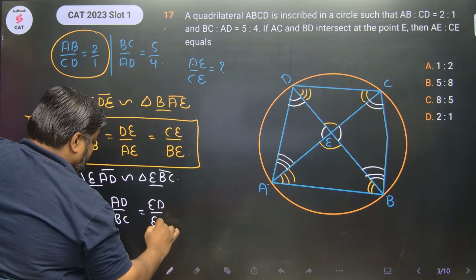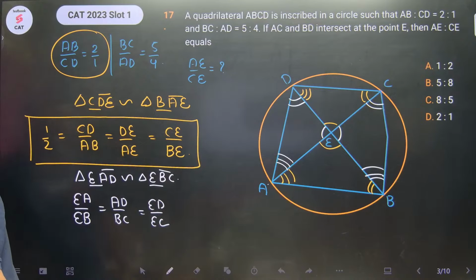And I know that BC upon AD is 5 by 4. Check this out, this is 4 by 5, this is equal to 4 by 5. Very good. This is our second takeaway.